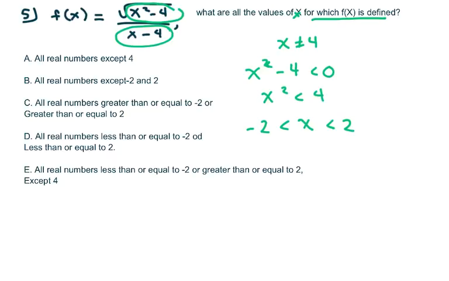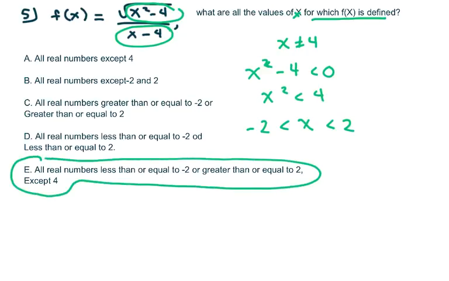So basically, when you look at this, the answer has to be E. So it equals all real numbers less than or equal to -2, or greater than or equal to 2, except 4. This is where f of x is defined.